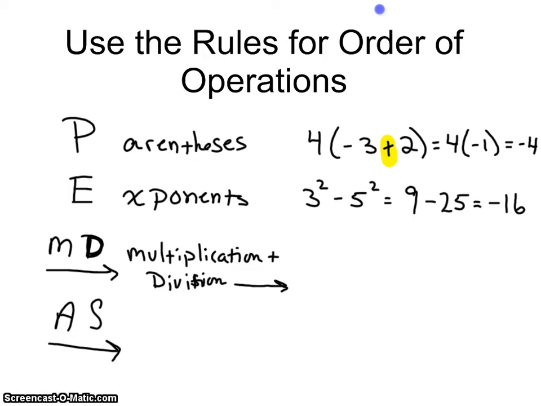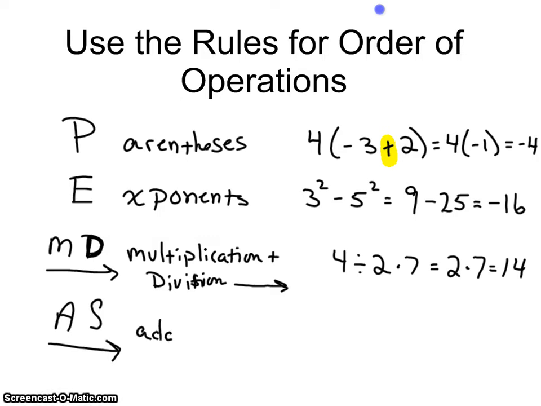Okay, so if we had 4 divided by 2 times 7, you would do the 4 divided by 2 first, which is 2 times 7, and then you do the 14. Notice I did division first. That's because division in this expression came first, working left to right. So you do your multiplication and division from left to right.